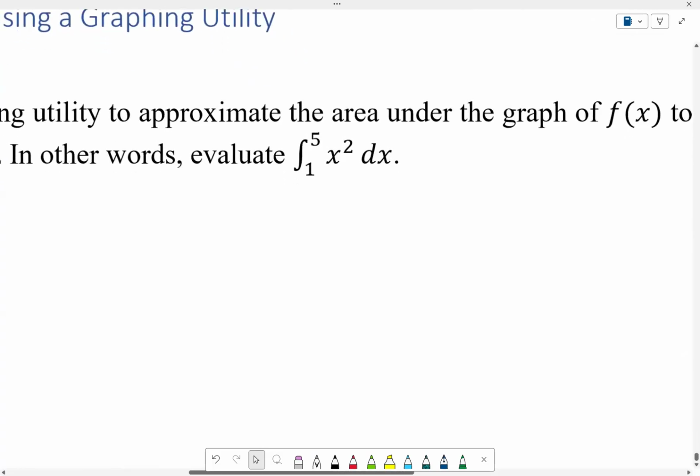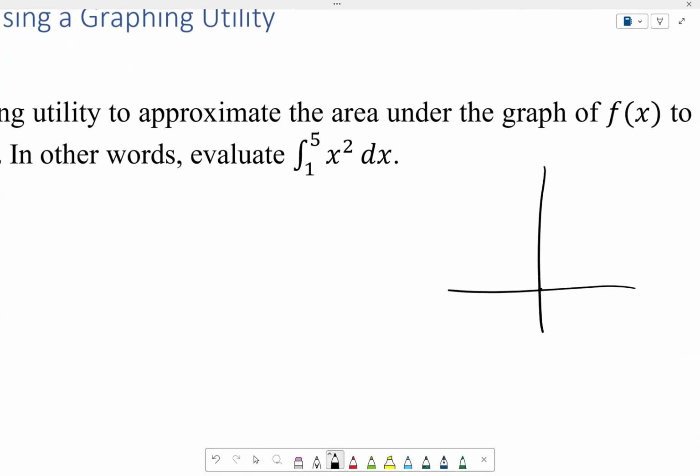It has to give you a function. Visualizing this, we know we have this function, and we're looking for this region. Does this make sense, that this is exactly what the problem is going to give us?